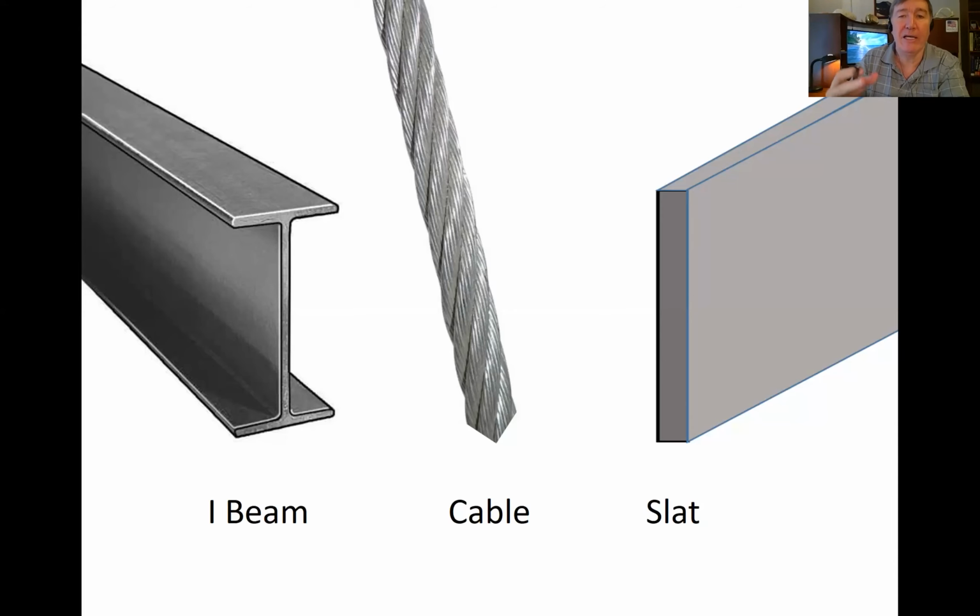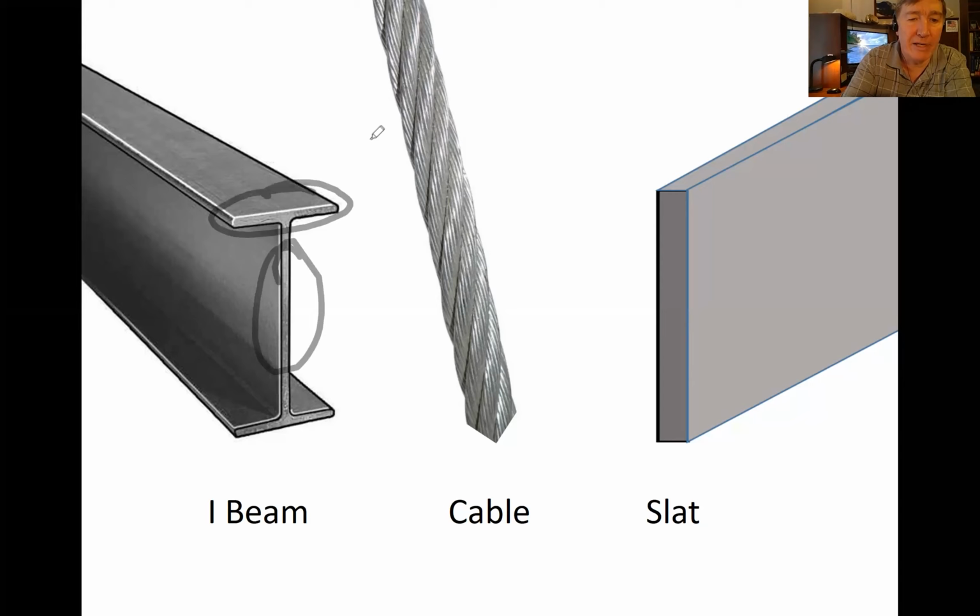Basically, an I-beam is made up of 3 slats. You've got the main part of it here, and then you've got a slat that's welded on the top and a slat that's welded on the bottom.